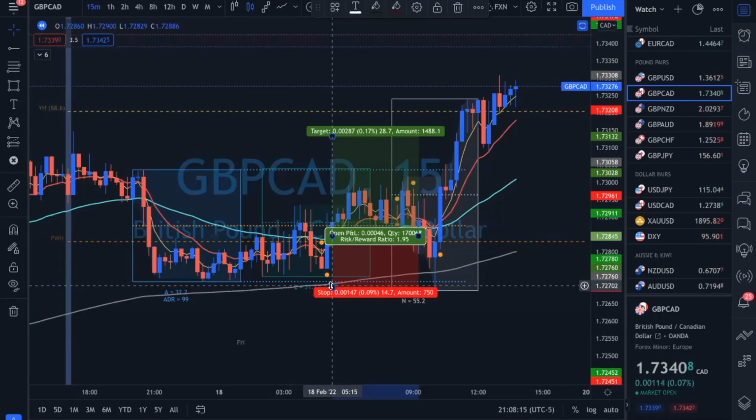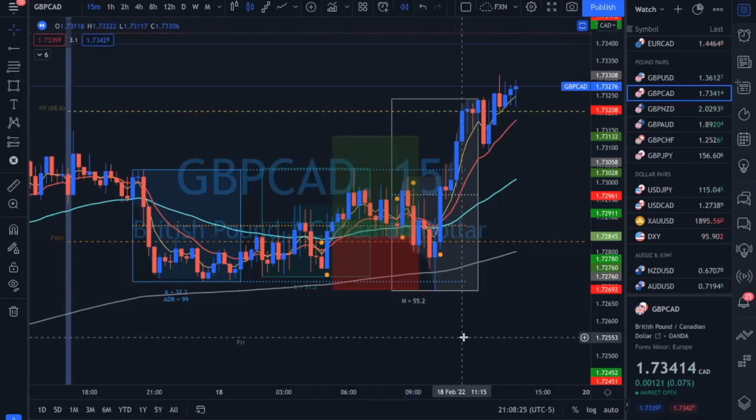If you're trading regular pairs that don't have a higher lot size ADR, then you're looking at like 15 pips, something around that range. If you're trading NZD pairs, Euro NZD, Pound NZD, or AUD pairs, then the max should be around 30 or so.